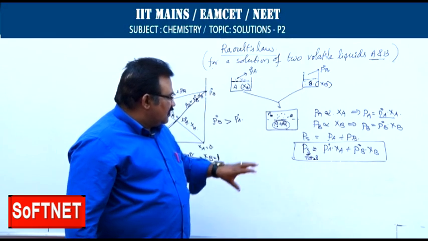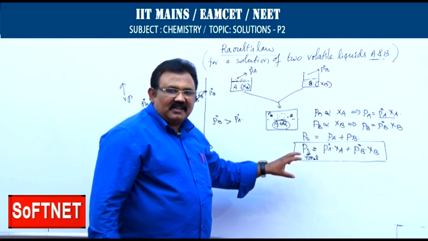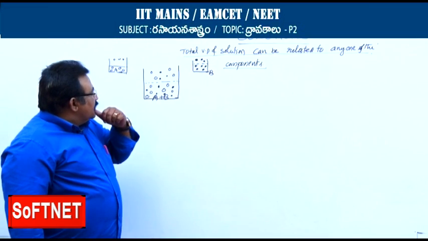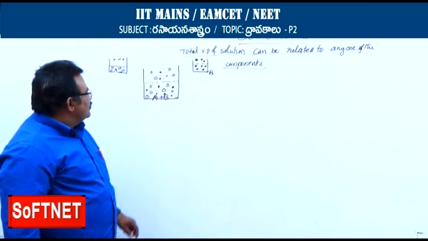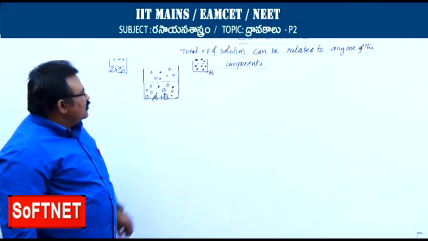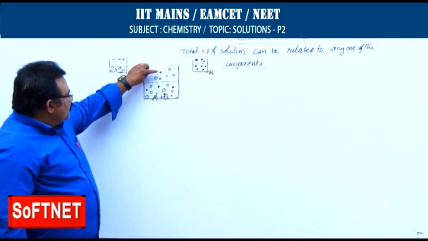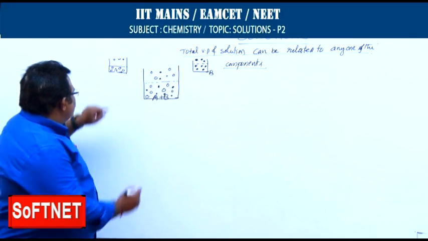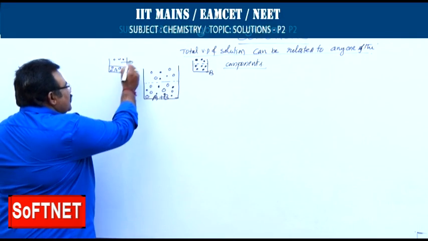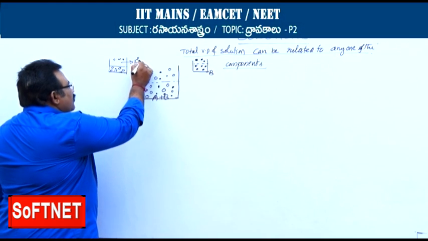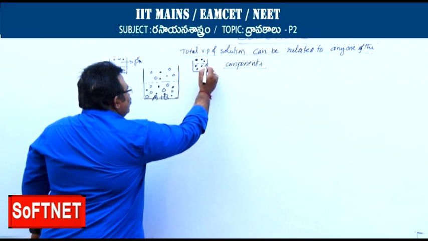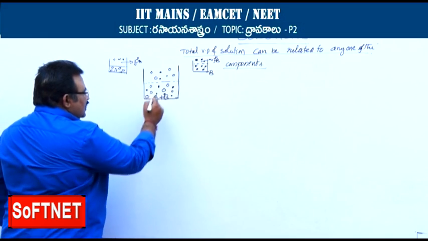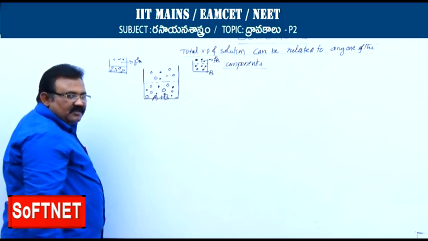So let us calculate the total vapor pressure of the liquid mixture in terms of A component. The total vapor pressure of the solution can be related to either mole fraction of A or mole fraction of B. This is the pure liquid A and its vapor pressure is P0 A. This is the pure liquid B and its vapor pressure is P0 B. This is the liquid mixture containing AB components.